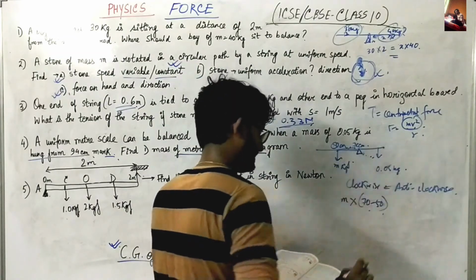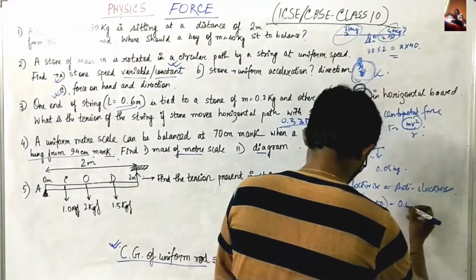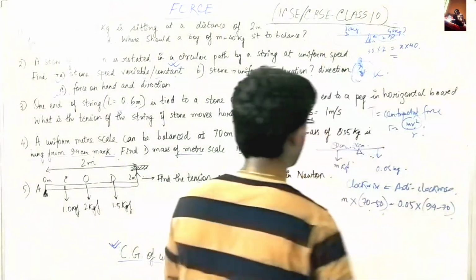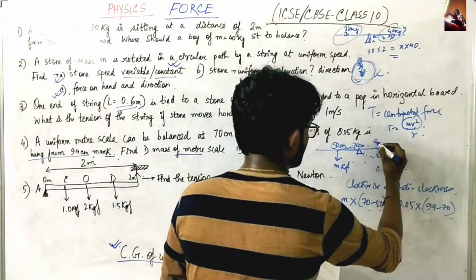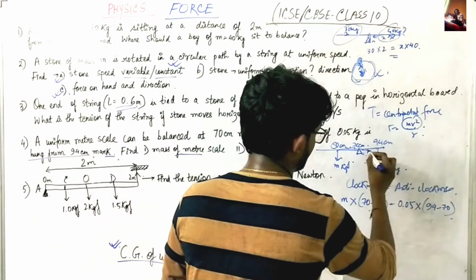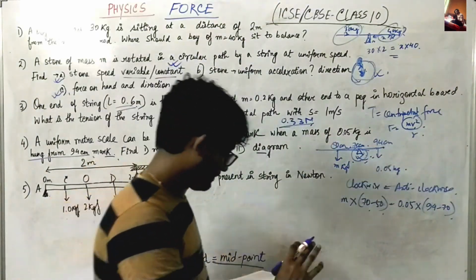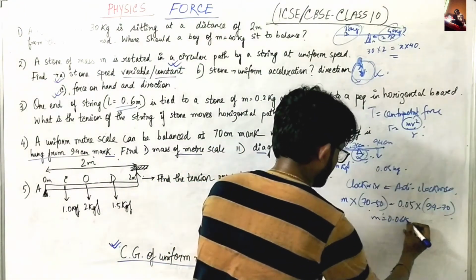So this part is 20, and it will be equal to 0.05 kg force into 94 minus 70. Why 94 minus 70? Because this part was 94 centimeter, this is 70. So we are calculating this about the midpoint only, guys. So over here m will come as 0.06 kg.